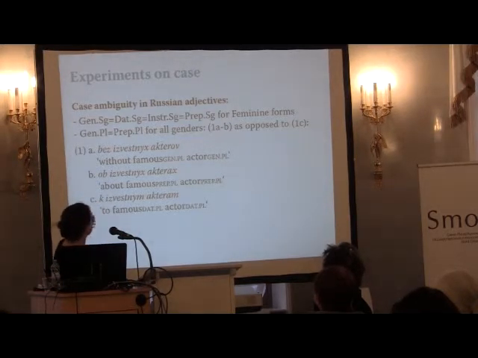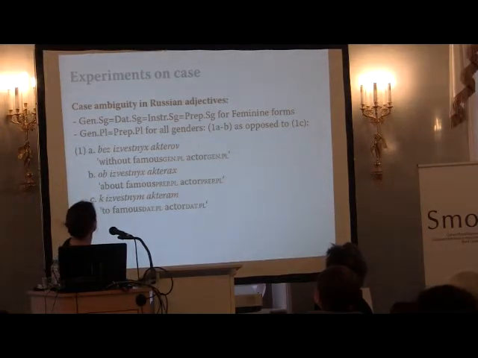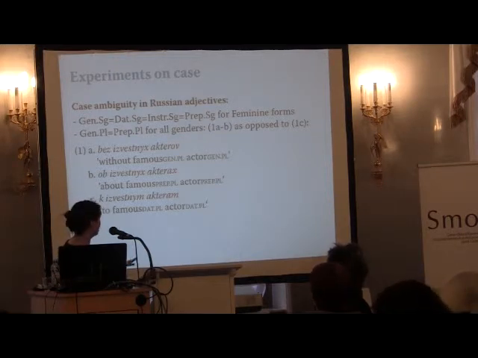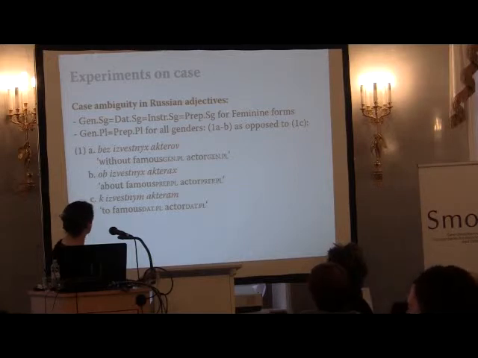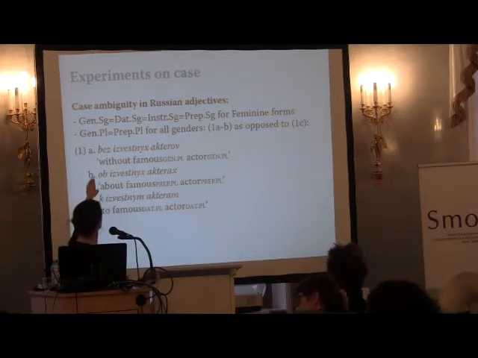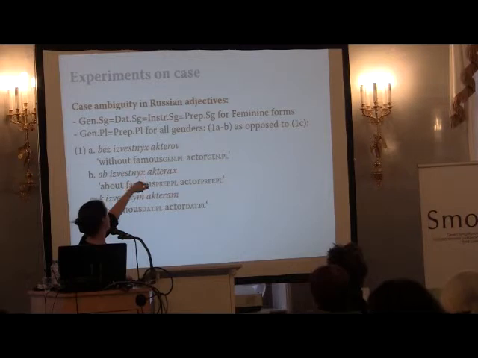So some Russian adjectives are ambiguous for case. I give some examples here, but in particular, for example, genitive plural coincides with prepositional plural for all genders. Без известных актеров in genitive plural.